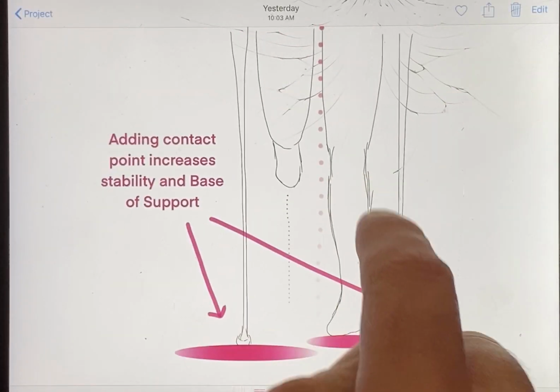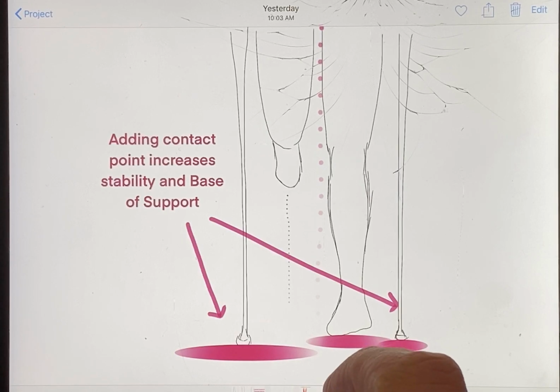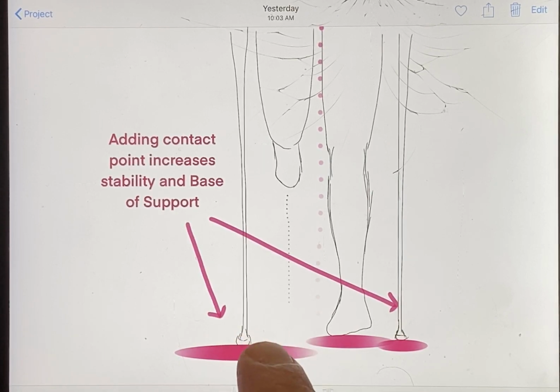Now, if we look at a situation where there's an injury, for instance, where maybe someone broke their leg or they suffered some type of tear in their knee cartilage and they can't support themselves properly, I like to think of crutches as basically base of support rentals. You go to a doctor and they tell you you can't put your weight on both legs.